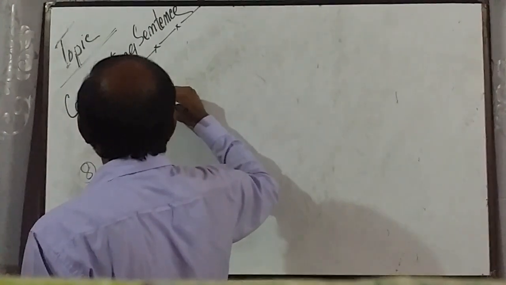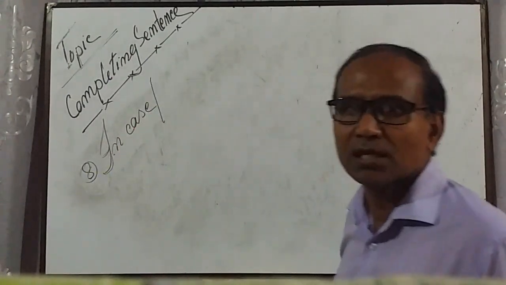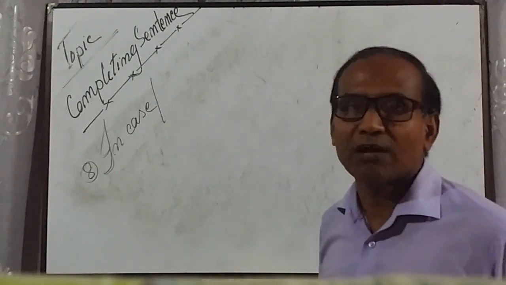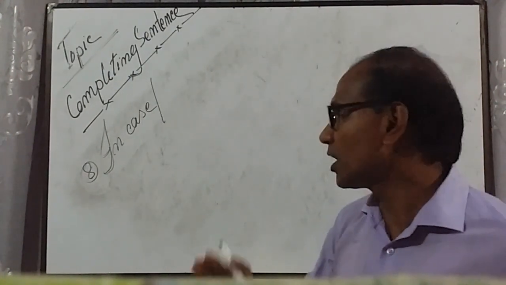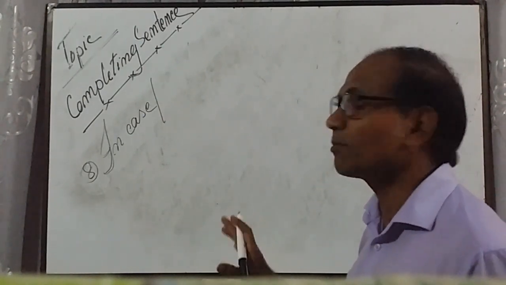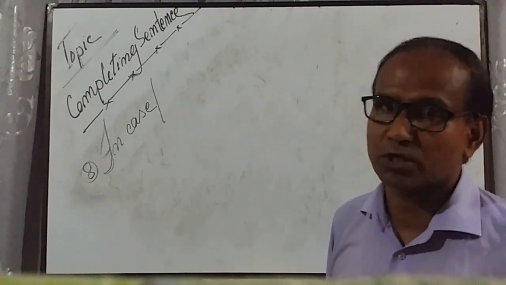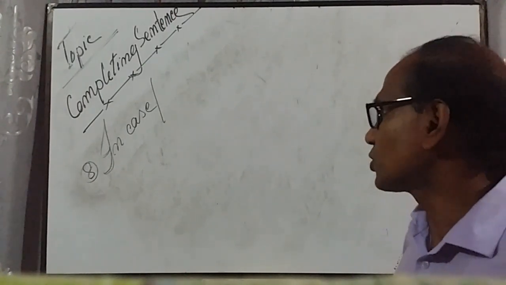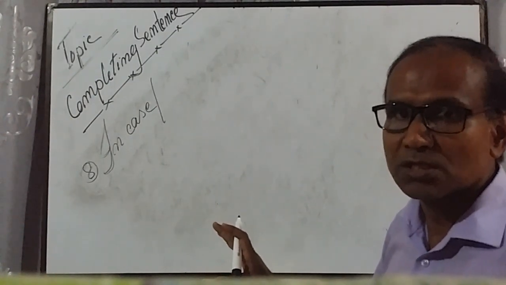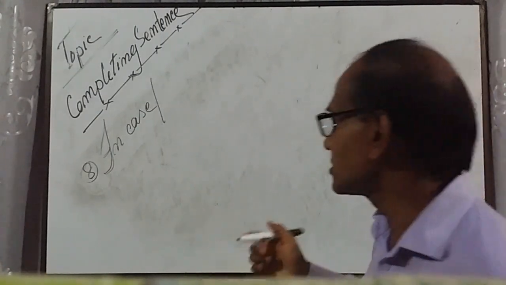In case actually denotes the same meaning as if. Definitely you will have 2 clauses, one independent, one dependent. Usually the first one is the independent clause and the second one is the dependent or subordinate clause, whatever you may call it, right? So in that case, you have to write 2 clauses keeping consistency with one another, right?